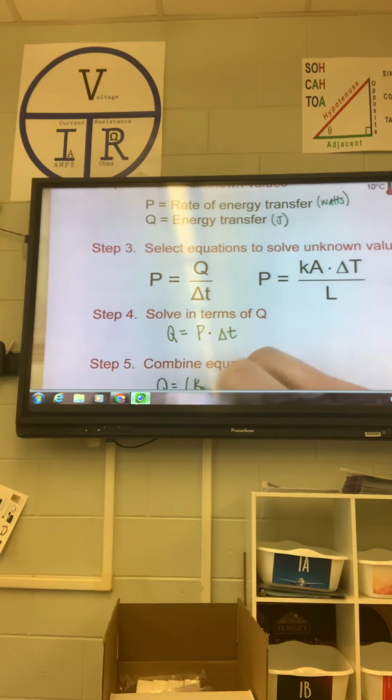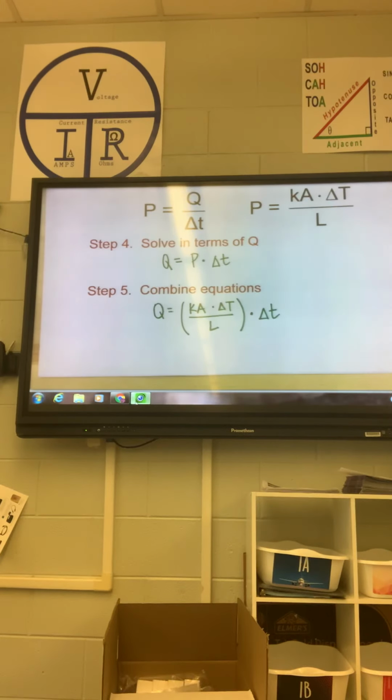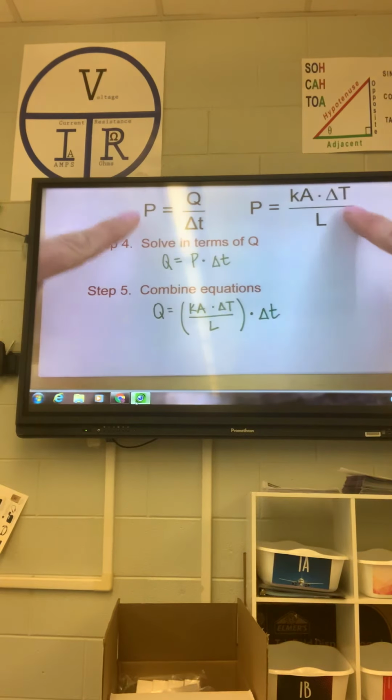So it's going to be K a times change in temperature over thickness times change in time. So now you can see why there's two P equations.